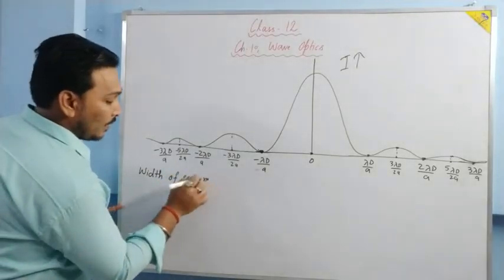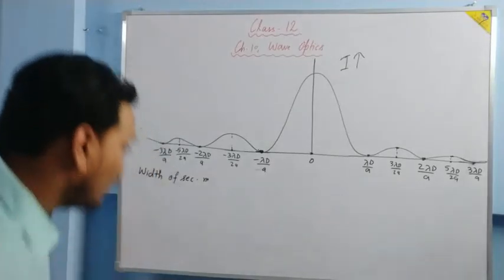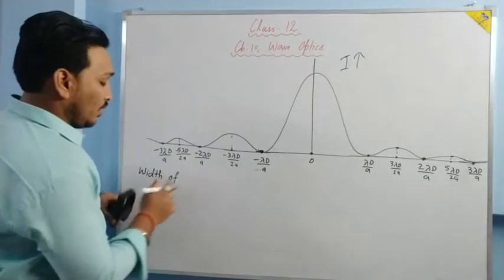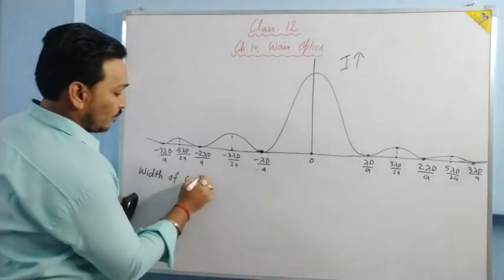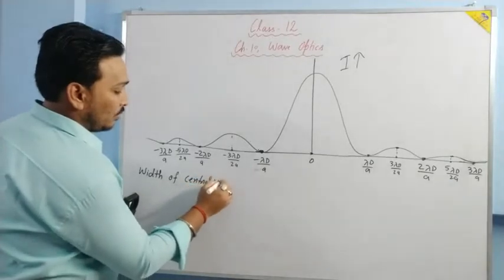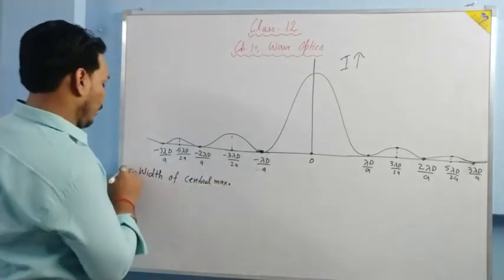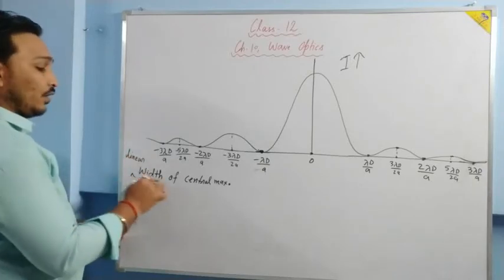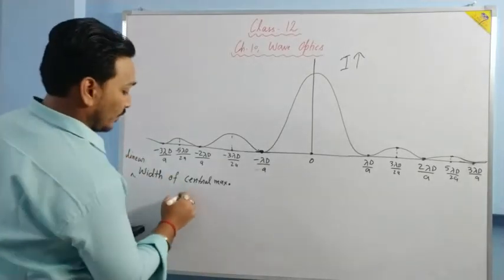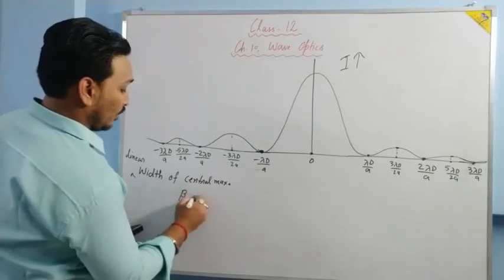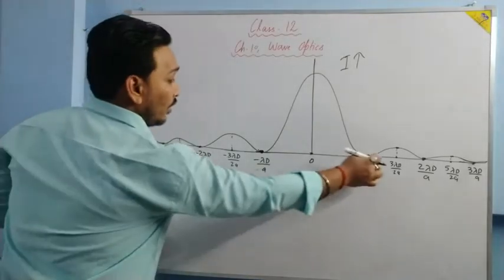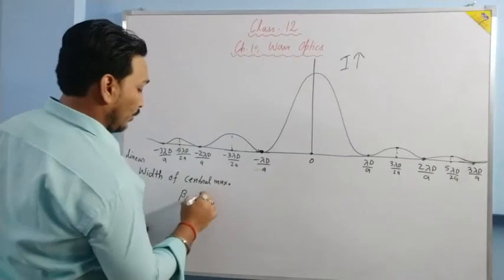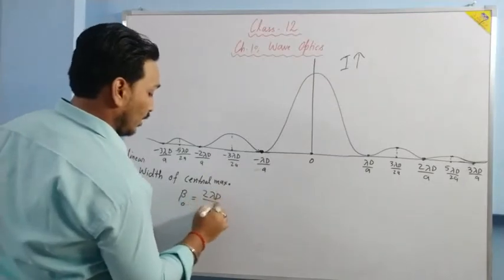So we are going to write first of all the width of the central maximum. We are calculating linear width. Linear width of the central maximum, beta naught, is equal to lambda d by a from here till here, plus lambda d by a from here till here, so it will become 2 lambda d by a.